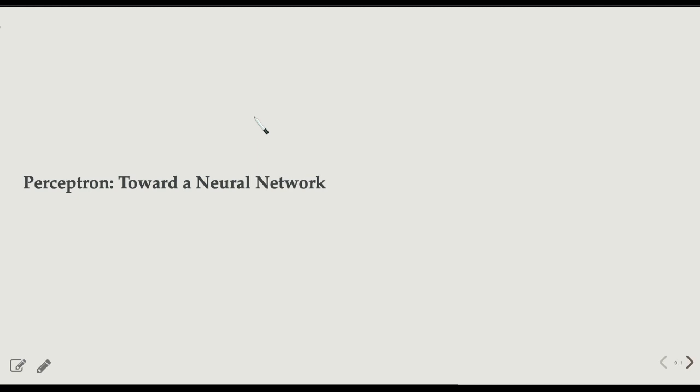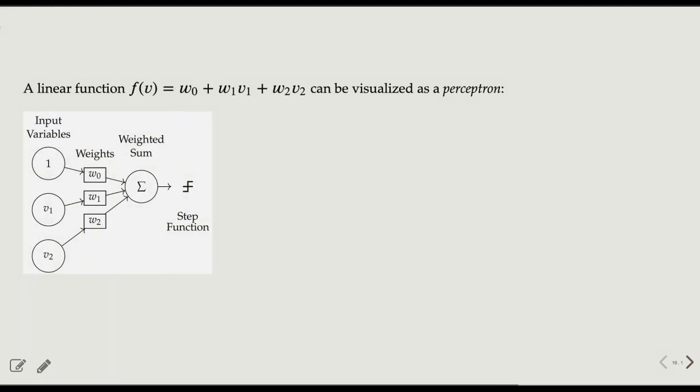Now let's look at another idea of linear classification using perceptron or a single layer neural network. So a linear function can be visualized actually as a one layer neural network.